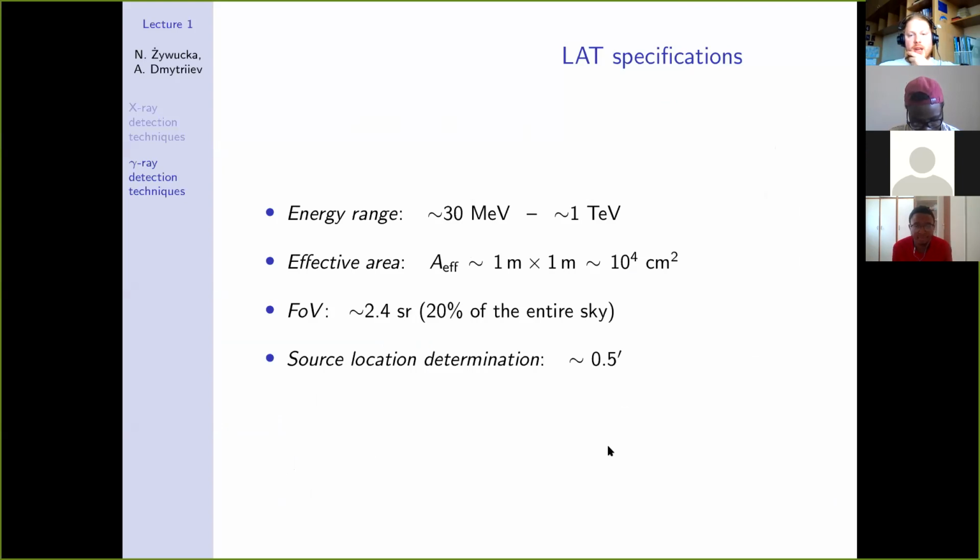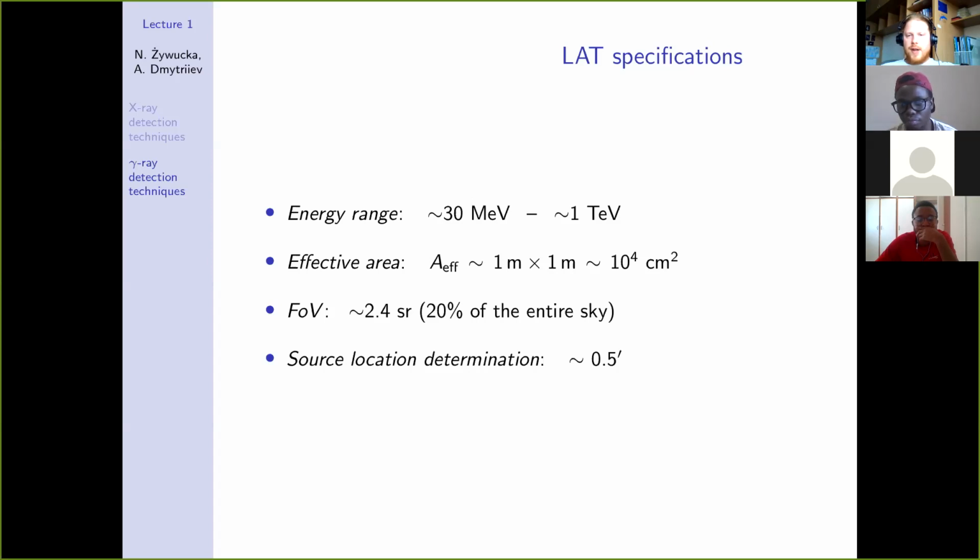So, effective area: it depends. In fact, the geometric area is 1 meter by 1 meter, so it's 10,000 square centimeters, which is decent for detection up to 100 GeV or 1 TeV, depending on the flux. But it depends heavily on the energy.